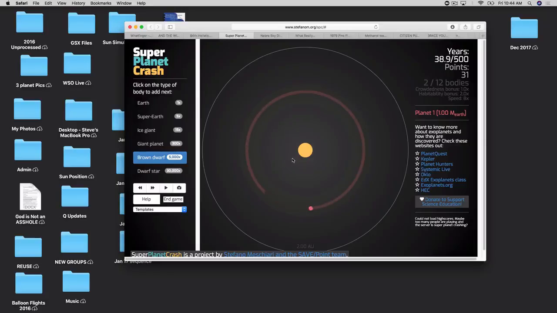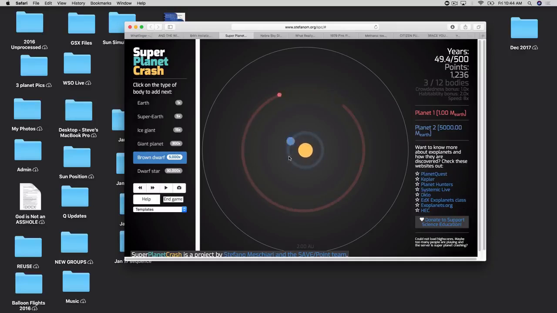Again, this is a brown dwarf star, 5,000 Earth masses or so, probably comparable to a Jupiter, maybe a little bigger than a Jupiter. But anyway, this is what would happen if we had one right next to the sun like many are claiming. There's the brown dwarf. And I'll slow it down a little bit. So you can see the brown dwarf starts to affect the orbit of Earth, but it doesn't throw us into space, guys.